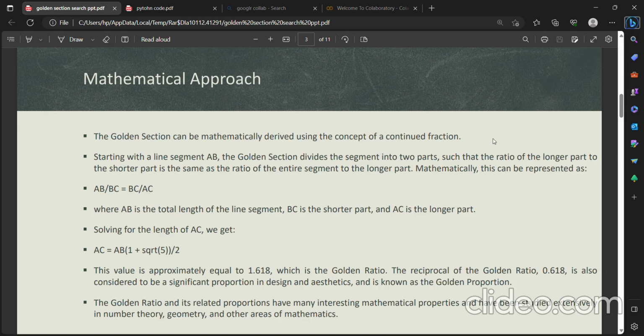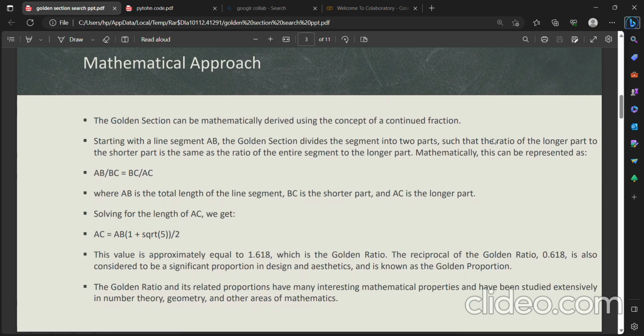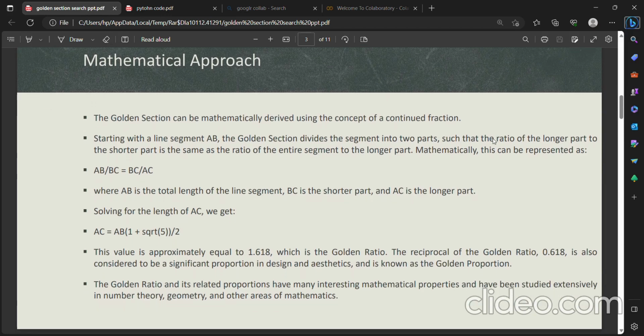Mathematically, this can be represented as AB/AC = AC/BC, where AB is the total length of the line segment, BC is the shorter part, and AC is the longer part. Solving for the length of AC, we get (1 + square root of 5)/2. The value is approximately equal to 1.618, which is the golden ratio, or phi.